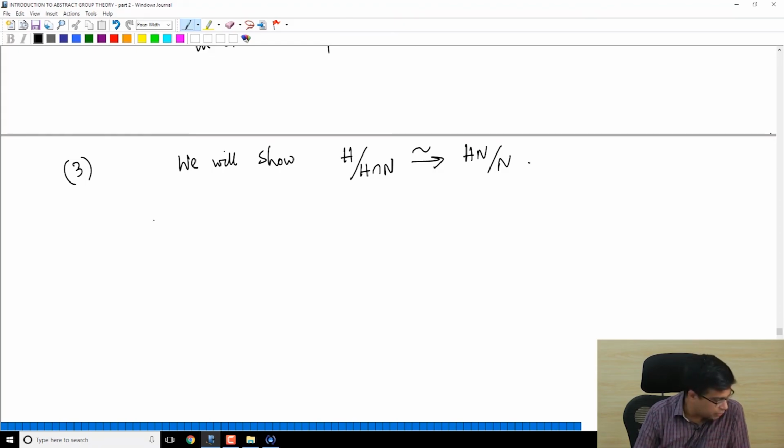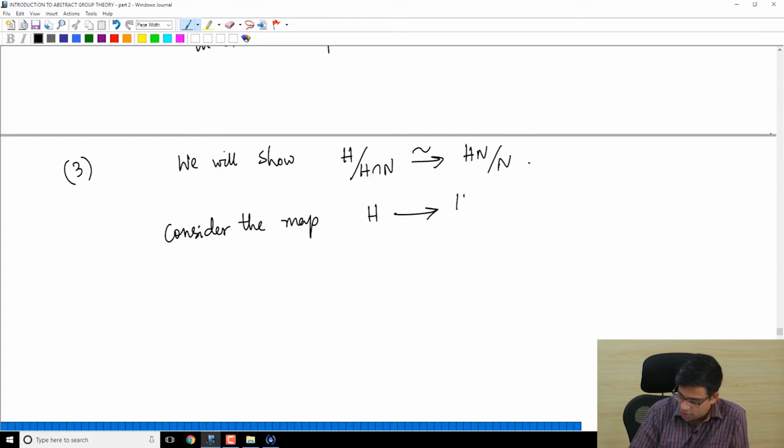So in order to do this, let's consider the map from H to HN mod N. Let's call this phi. What is this map? Phi of a small h is by definition hN. Okay, so this is the map. I want to first of all understand what this really means.